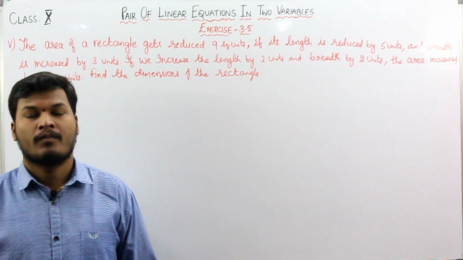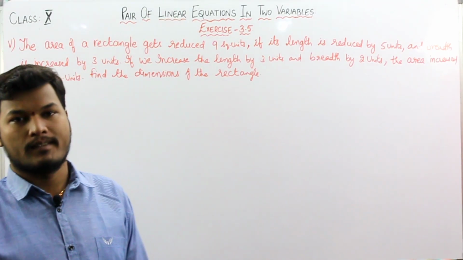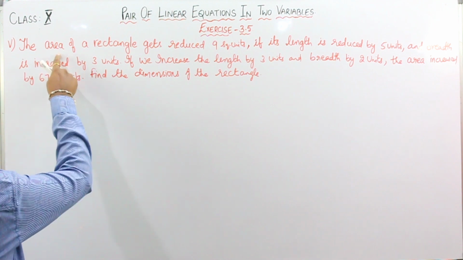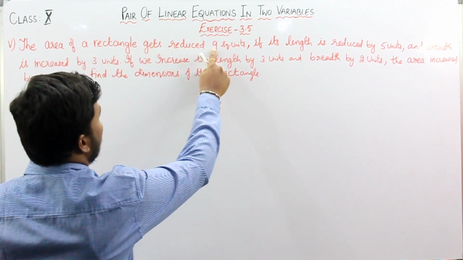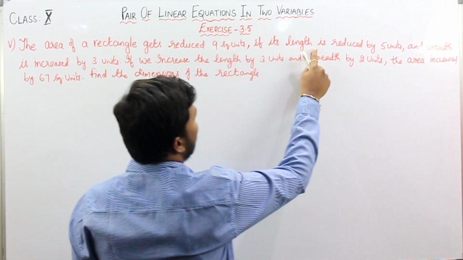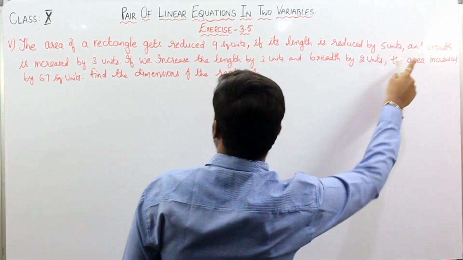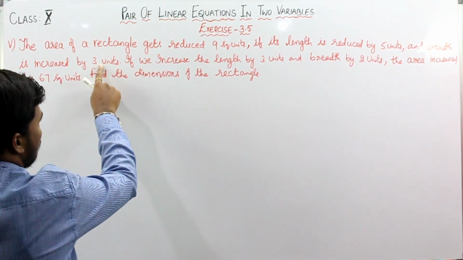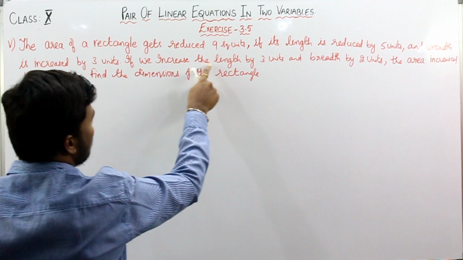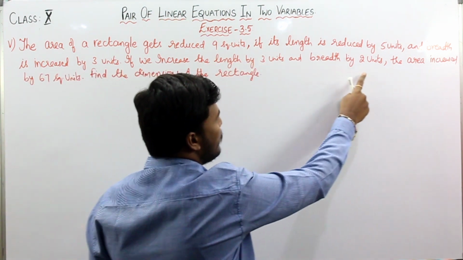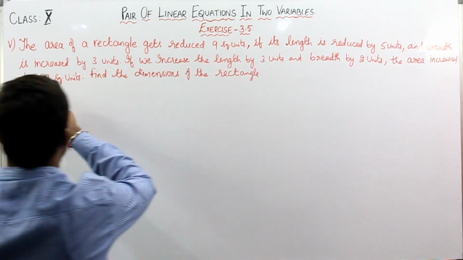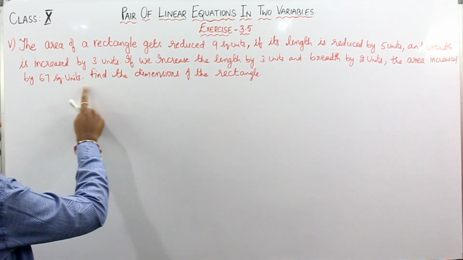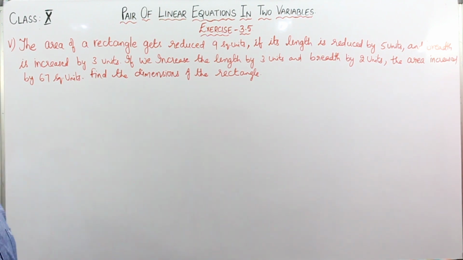Okay. Now the last problem of this exercise: the area of a rectangle gets reduced by 9 square units if its length is reduced by 5 units and breadth is increased by 3 units. If we increase the length by 3 units and breadth by 2 units, the area increases by 67 square units. Find the dimensions of the rectangle.